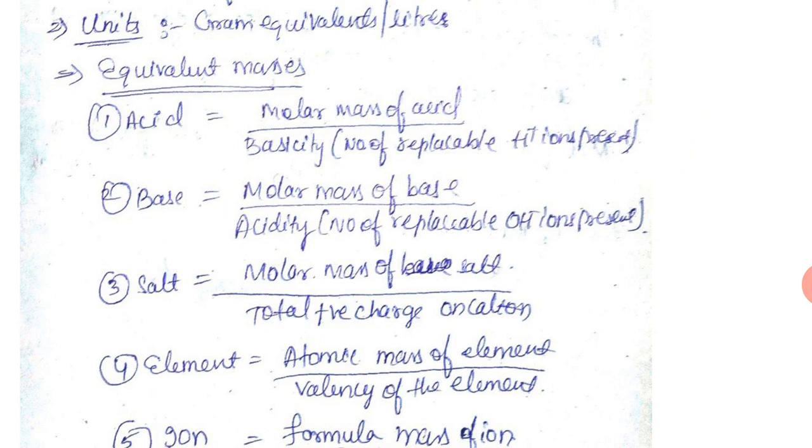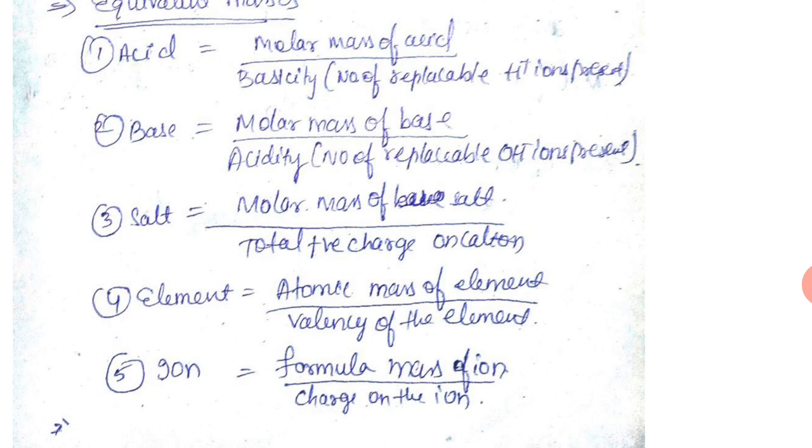What do you mean by basicity? That is the number of replaceable hydrogen ions, H plus ions, present. Similarly for a base, molar mass of base by acidity, the number of replaceable OH minus ions present. Salt: molar mass of the salt by total positive charge on the cation. It is very important. Do not forget, total positive charge of the cation.